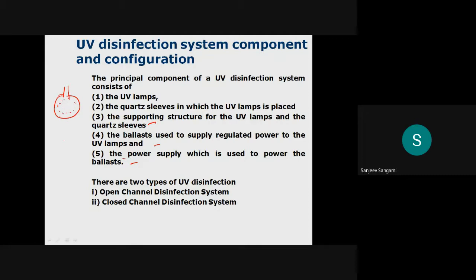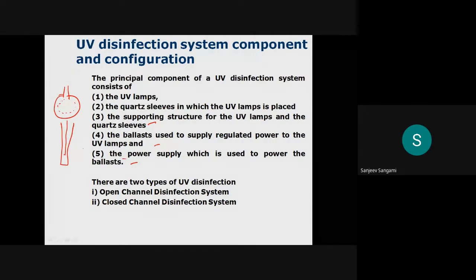Sometimes it will be of this shape, or of this shape. They introduce one small electrode here, just like the tungsten bulbs in your houses, where one tungsten or copper based material is centered and inserted inside.